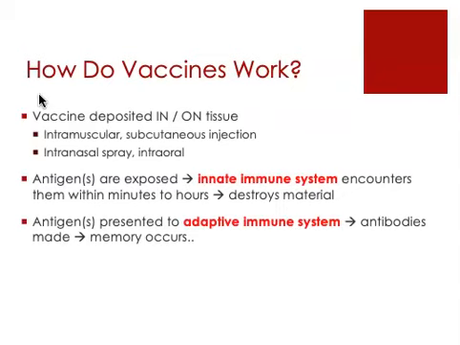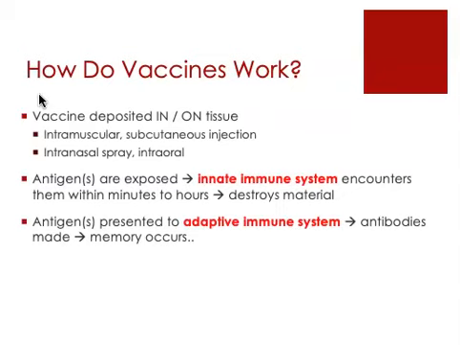And the innate immune system is going to do two things. First of all, it's going to quickly destroy that foreign material, but it's going to hold on to a little bit of it in order to activate the other half of our immune system, which is the adaptive immune system.